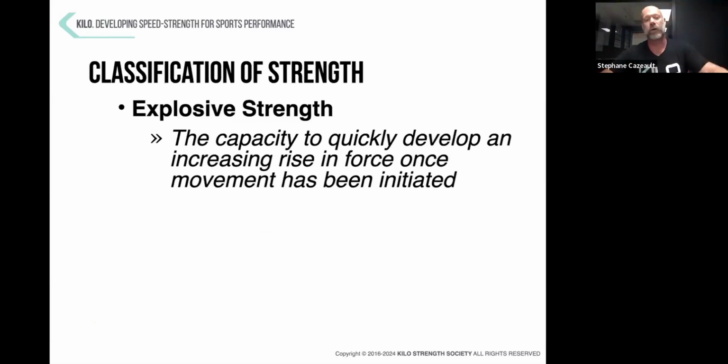Then we have explosive strength, which is the capacity to quickly develop an increasing rise in force once the movement has been initiated. Basically, it's a follow-up of starting strength. Explosive strength is about your ability to keep accelerating the load that you've already initiated.